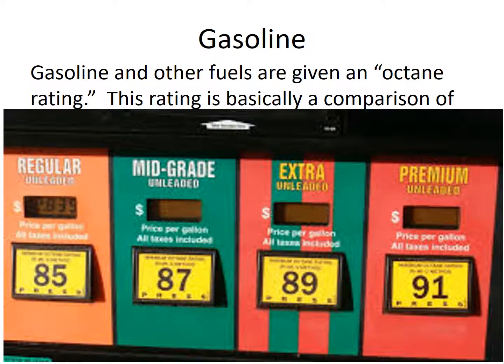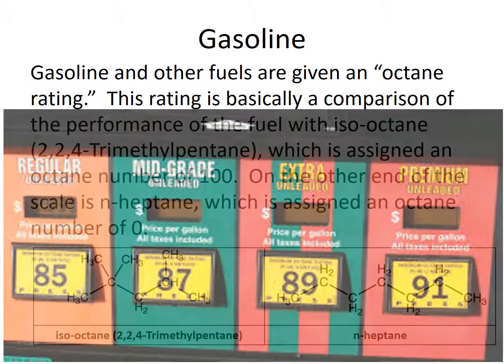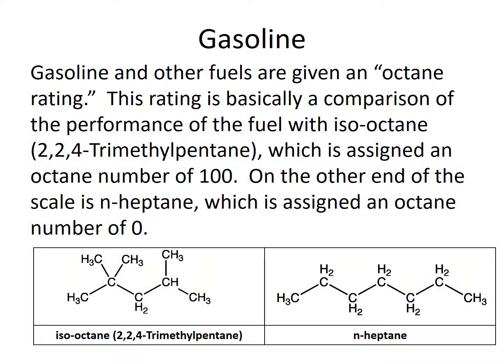When you pull up to a fuel pump, you may notice the yellow signs with the big black numbers on them. Those are your octane ratings, and basically that is a comparison of the fuel value or the energy in that particular mixture compared to isooctane, which has been given an octane rating of 100.